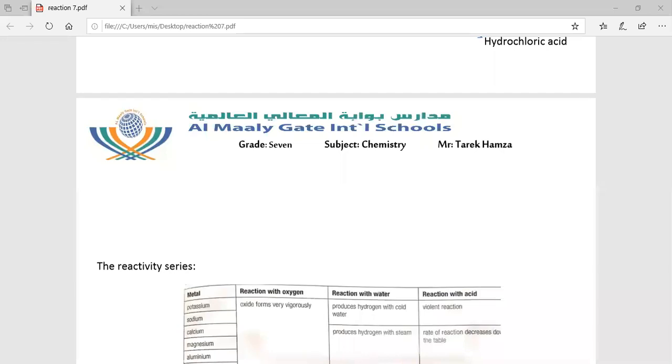Yes, Mariam. Do zinc and lead produce metal chlorides while reacting with concentrated acid? Yes. Any metal that reacts with hydrochloric acid produces metal chloride and hydrogen. But it's written in the book that they only produce bubbles.